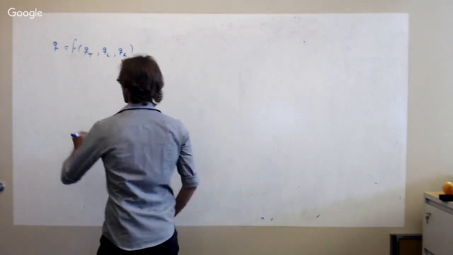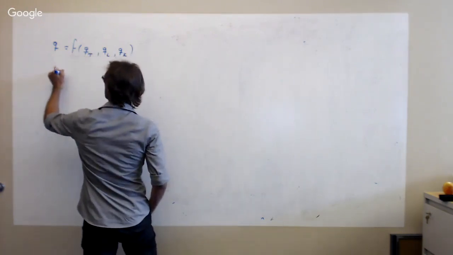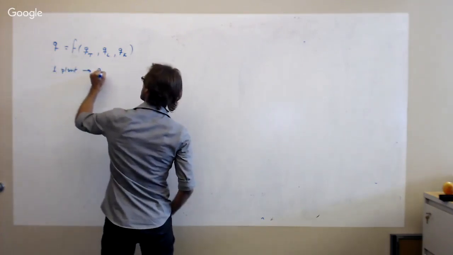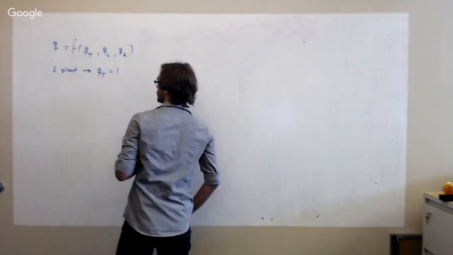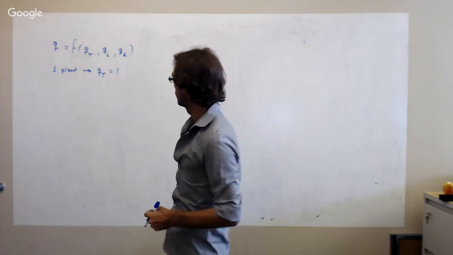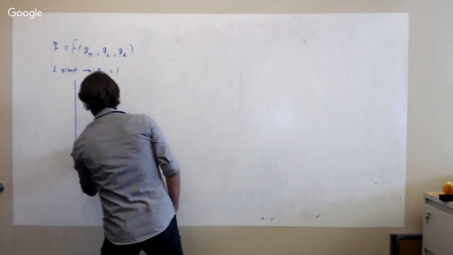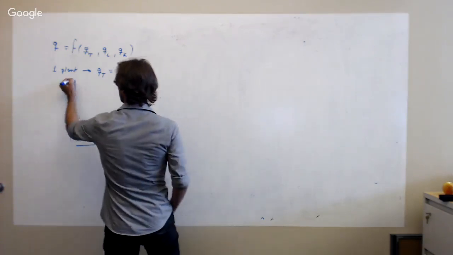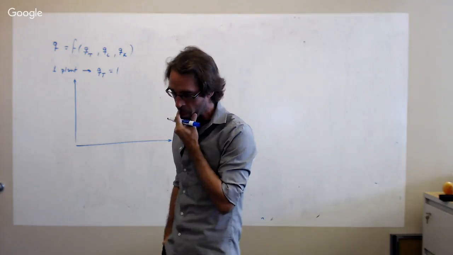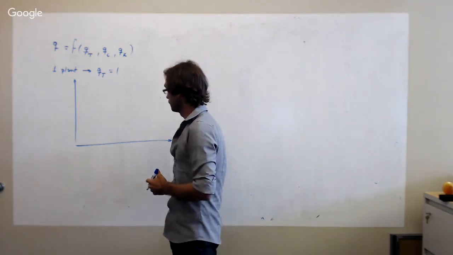Now let's assume that you have one plant, so that means that QT equals 1. And you're trying to decide how much labor and how many parts to use. It's not the best example, but you can draw from what we know from production functions.